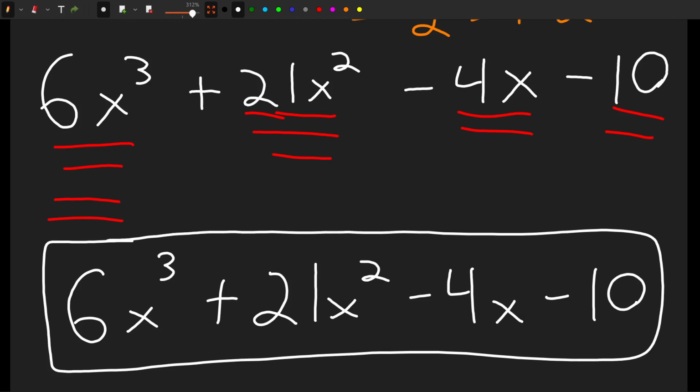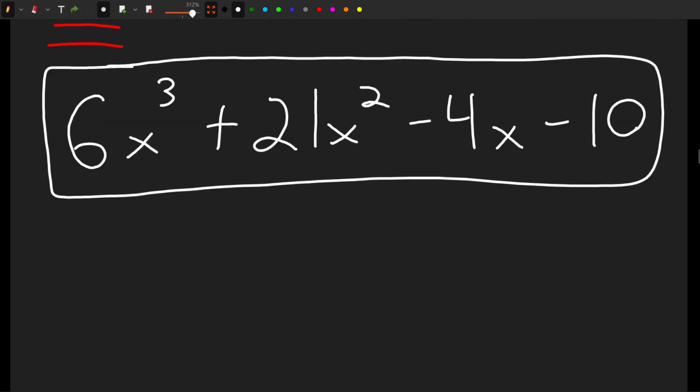Okay. Last problem. This is going to take some space, so I'm going to have to write kind of tiny here.